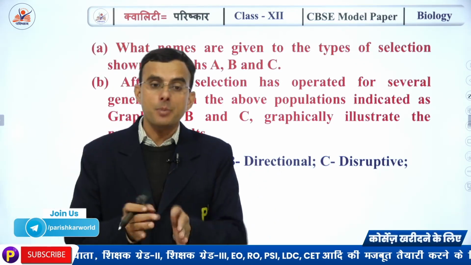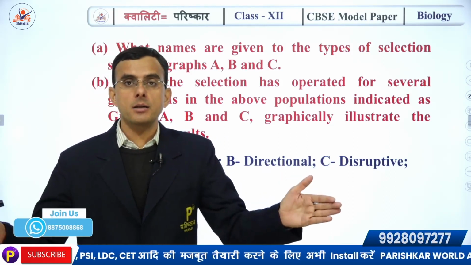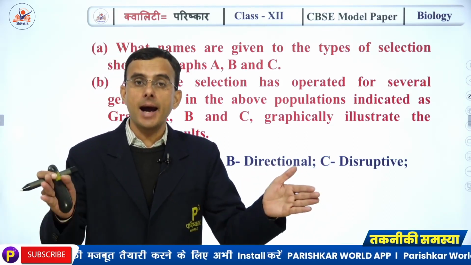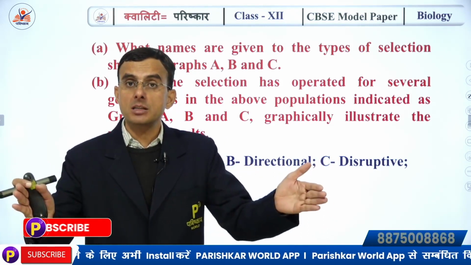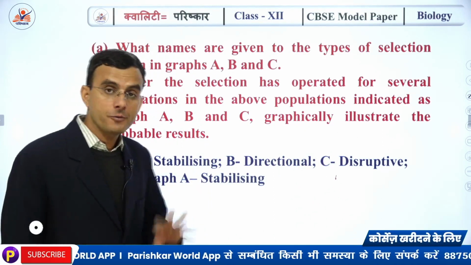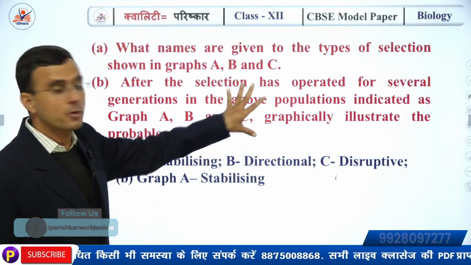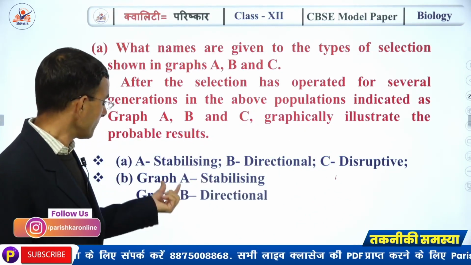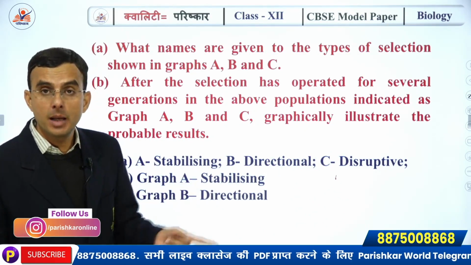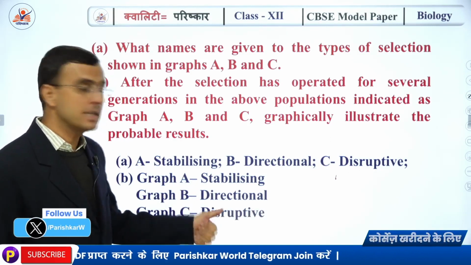And disruptive means we are not selecting the species from the middle, and natural selection is acting on the species on both sides. So what is the conclusion, the second question? Graph A is stabilizing, graph B is directional, graph C is disruptive.